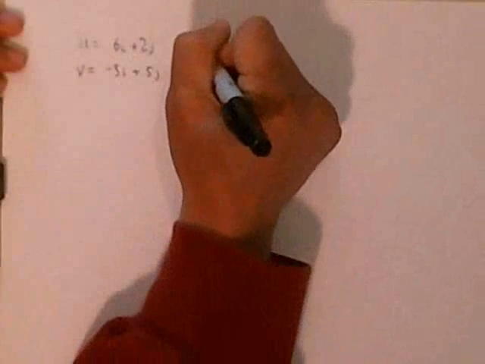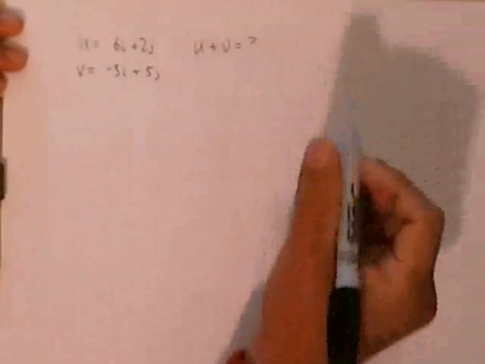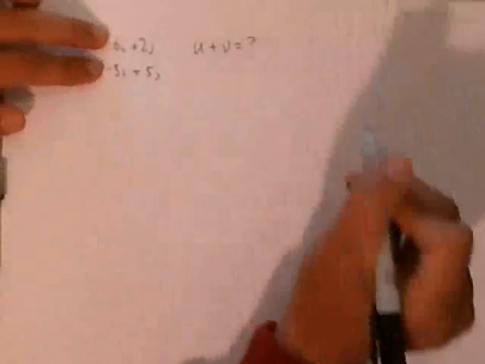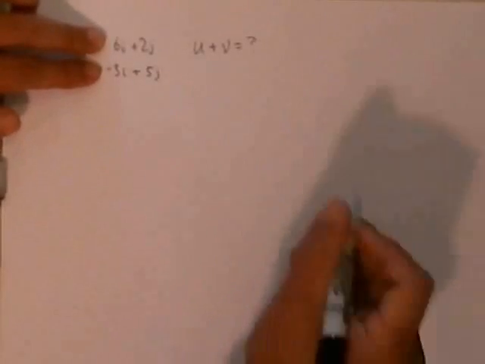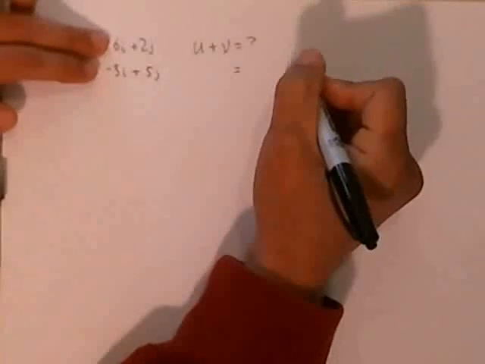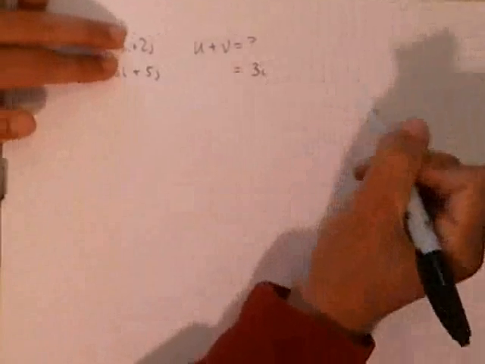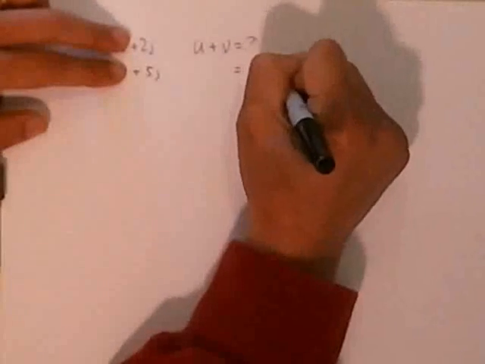I want to figure out what the vector u plus v looks like. So we just add them up. Here, we're going to add up our i's, which becomes 6i minus 3i, which is 3i right here. 2j plus 5j is going to be plus 7j.